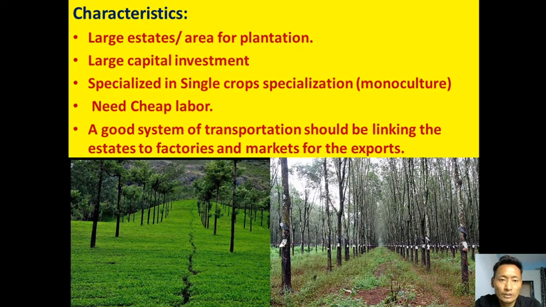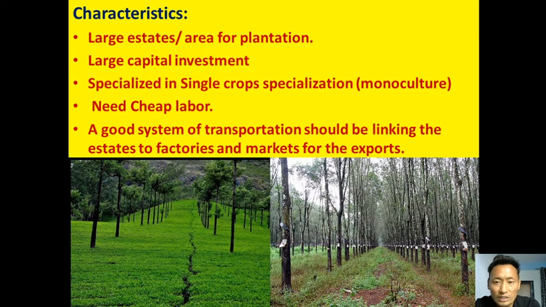The fifth one is that in order to practice plantation agriculture, we need a very good system of transportation linking the estate to factory and market to the export.